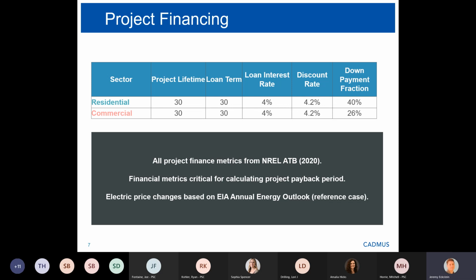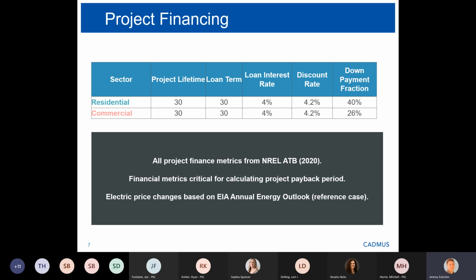For project financing, these are all inputs that came from the NREL ATB study in 2020. Based on that study, we're looking at a 30-year project lifetime, a 30-year loan term, an interest rate of 4%, and a discount rate of 4.2%.